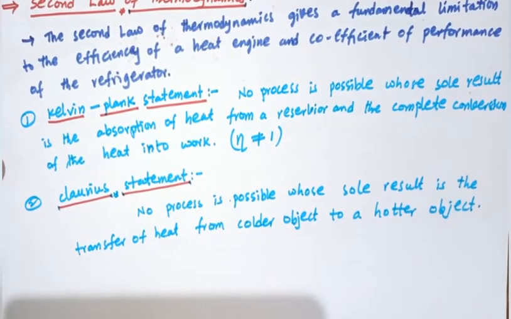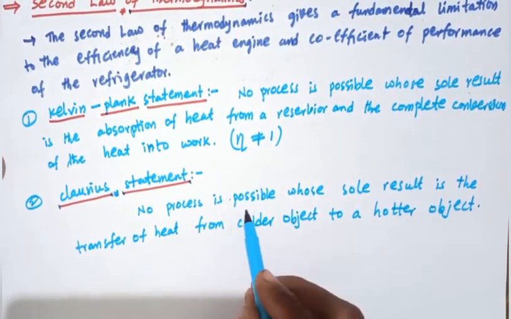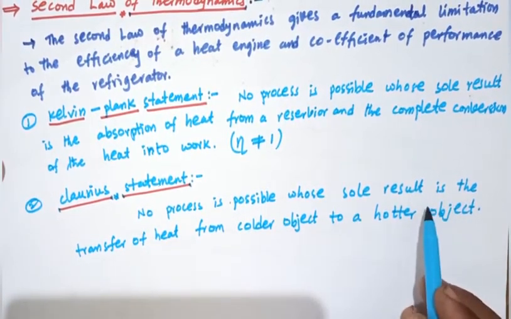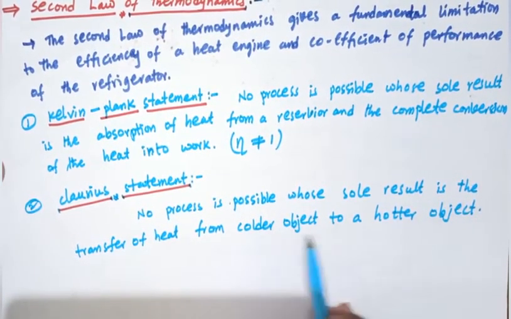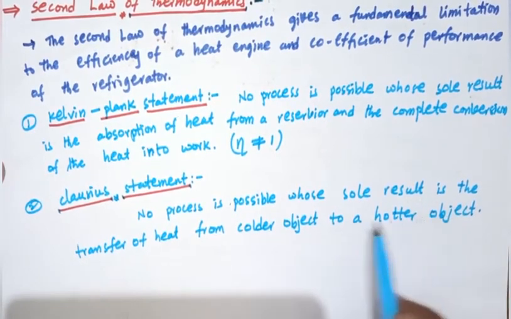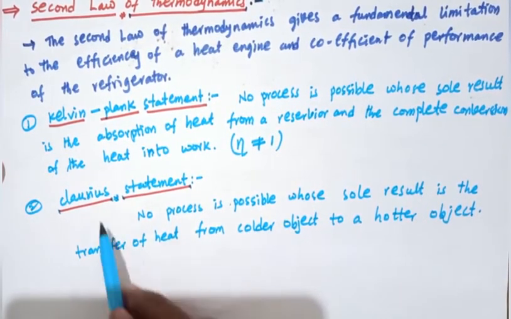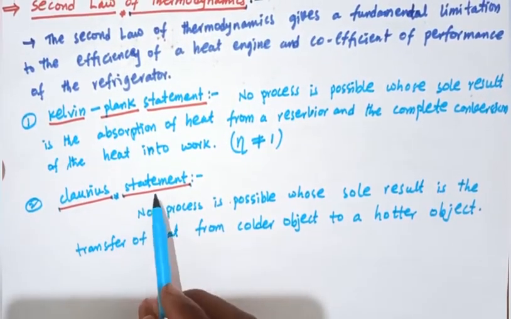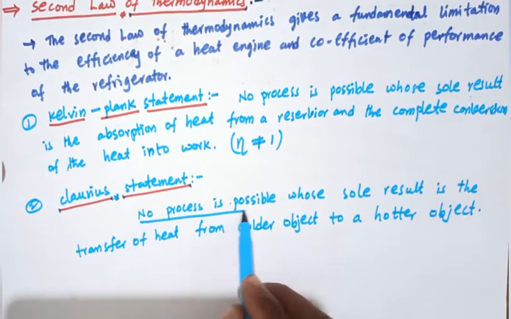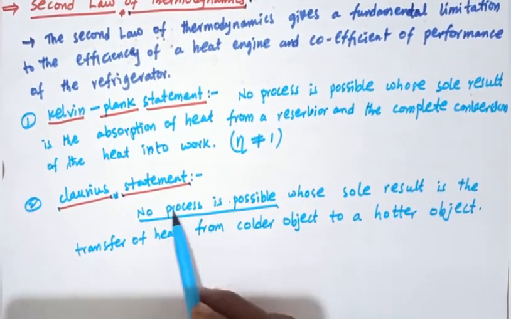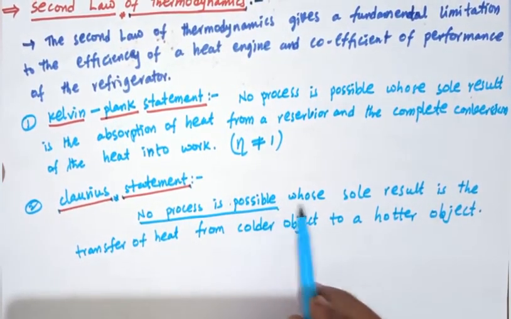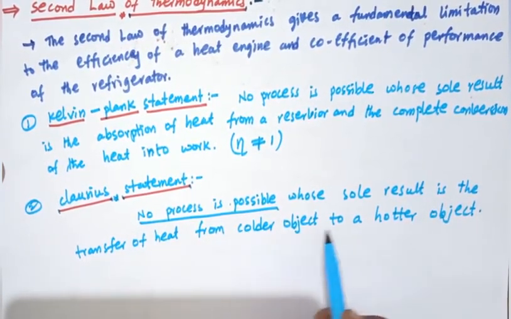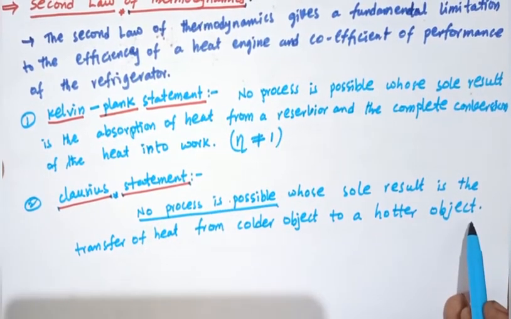Naturally, heat is transferred from a hotter object to a colder object, from high temperature to low temperature. So the second law of thermodynamics is explained by the Clausius statement: no process is possible whose sole result is the transfer of heat from a colder object to a hotter object.